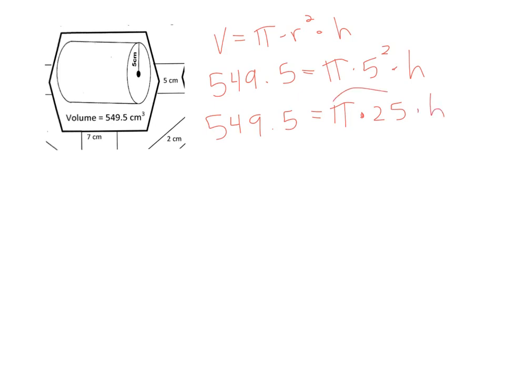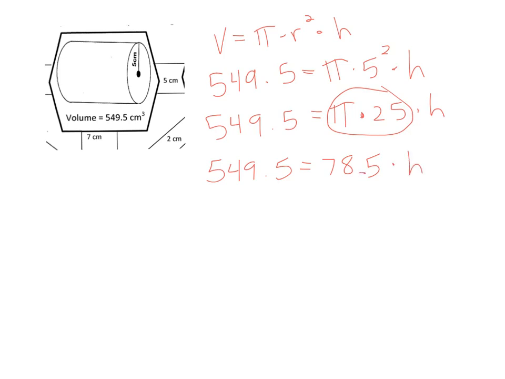And now I'm going to do this part here. Pi, which I'm going to use 3.14 times 25 is 78.5. So 549.5 is equal to 78.5 times height.